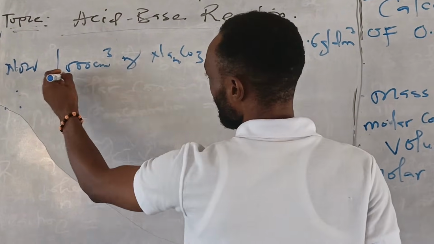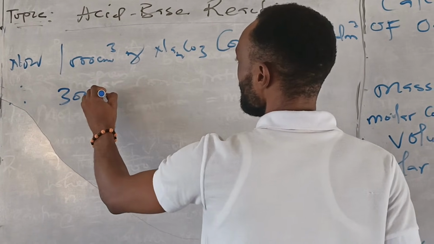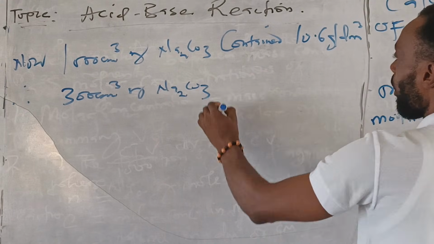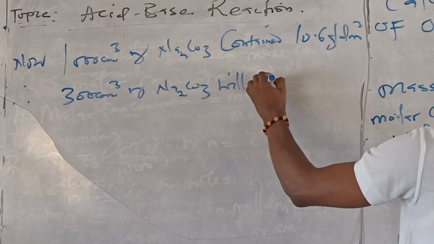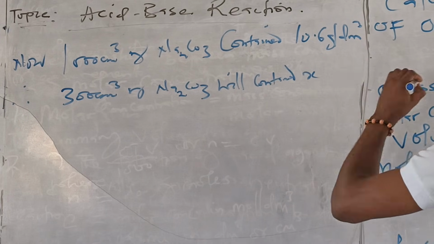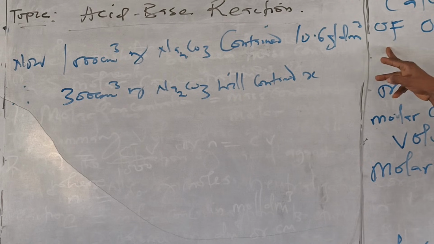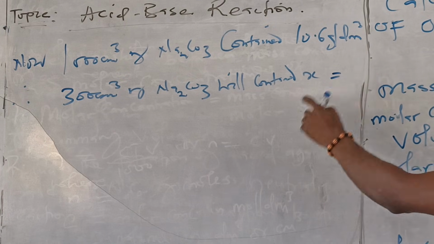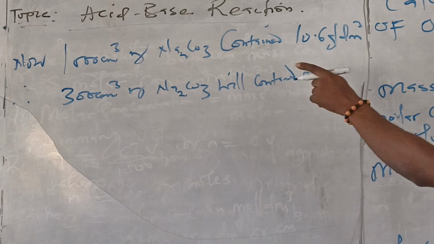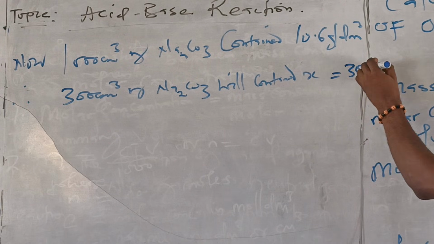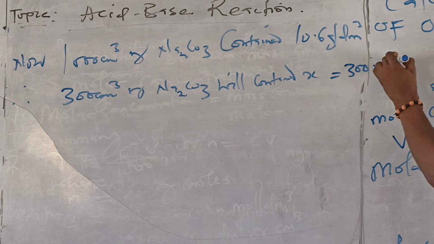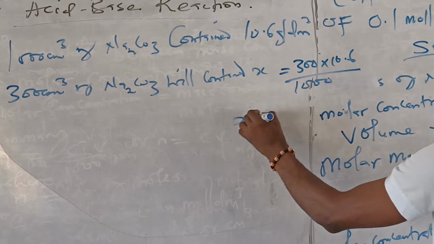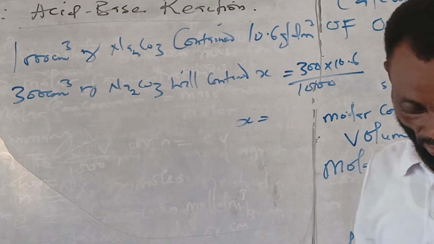So 300 cm cube of the same compound, sodium carbonate, will contain X. That will give us X equals, you cross multiply, 300 multiplied by 10.6, divided by 1,000. When you do that, you use your calculator.